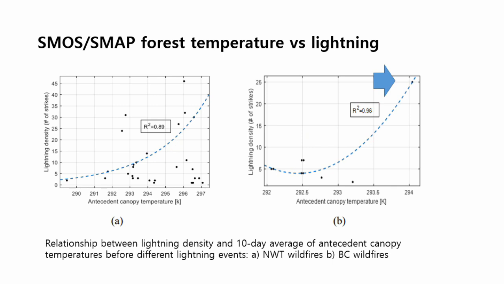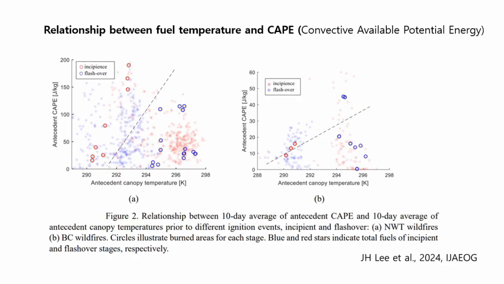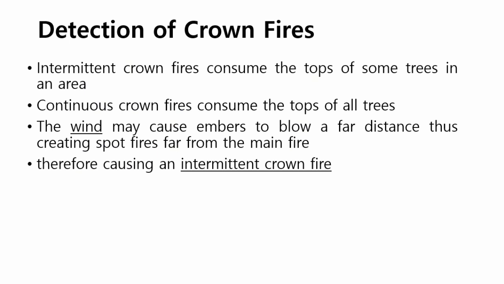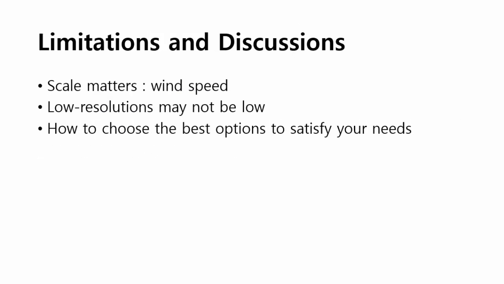The larger the scale, the more pronounced the coupling with the atmospheric layers, and convective available potential energy, storm, and wind speed and so on are nicely correlated. So that's why the scale matters.